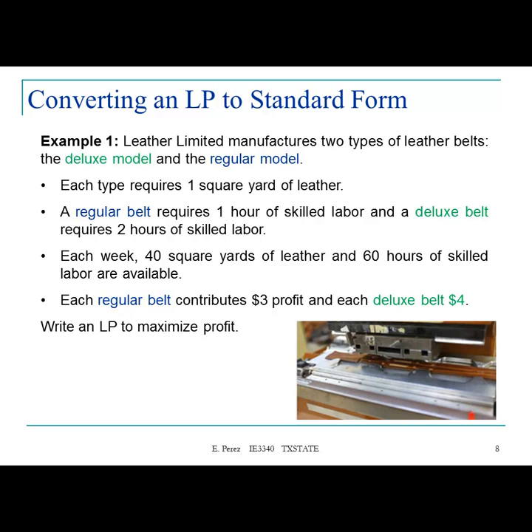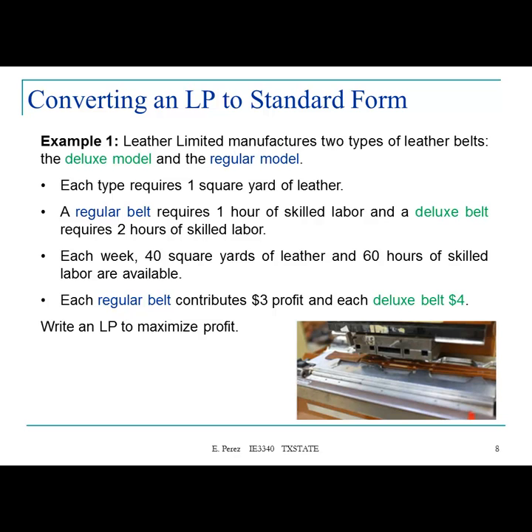So let's look at this example. We have a leather company that manufactures two types of belts, the deluxe model and the regular model. Each type requires 1 square yard, so that's the restriction in terms of the material. Then we have the restriction in terms of the labor hours available. The regular belt requires 1 hour and the deluxe belt requires 2 hours.